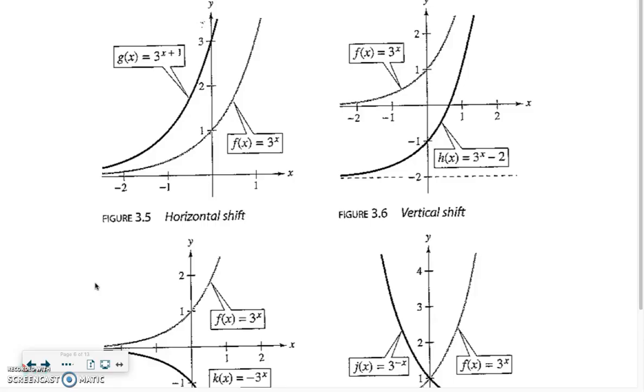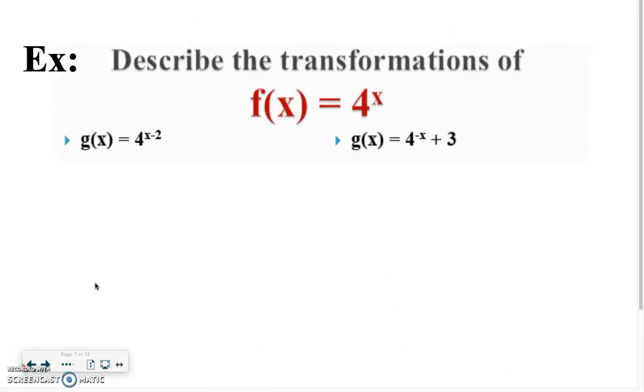Then we know that we're going to have our secondary point, which is over 1, up the base. As long as we have those 2 points, generally that's enough. We could always find more points using t-charts, but once we have that parent, then we're going to transform. We're going to shift and move things around. But there's just a couple of examples. The copy didn't come out looking great, so again, we had a better example on the slide.